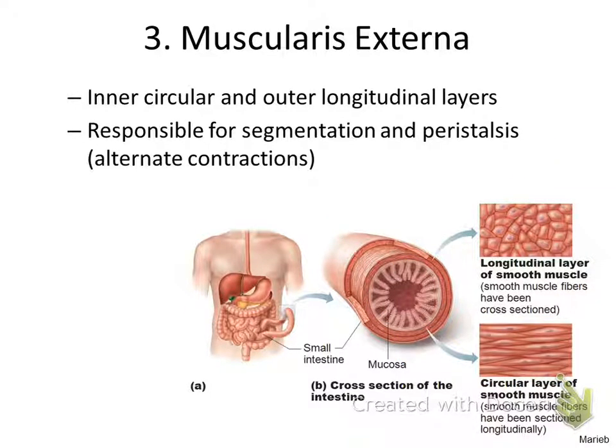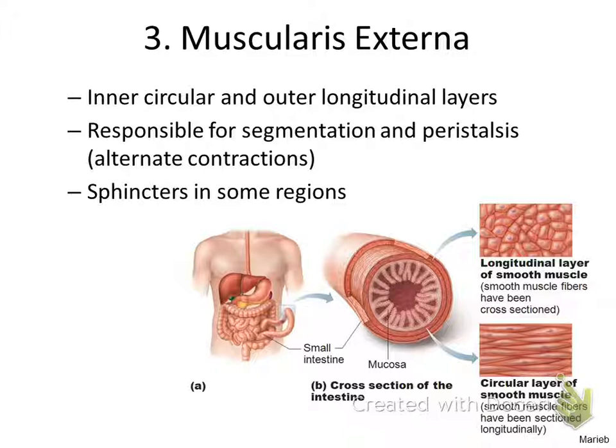Do make a note that this is the layer that's responsible for moving the food and for mechanical digestion. So for propulsion and digestion. There are some modifications in it. We talked about some sphincters in lab last time.